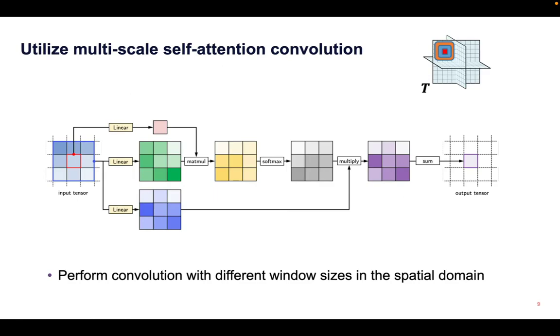The positional encoding involves functions of different frequencies. To better match different frequencies, we propose to use multi-skill self-attention convolution kernels with different window sizes to perform convolution in the spatial domain.